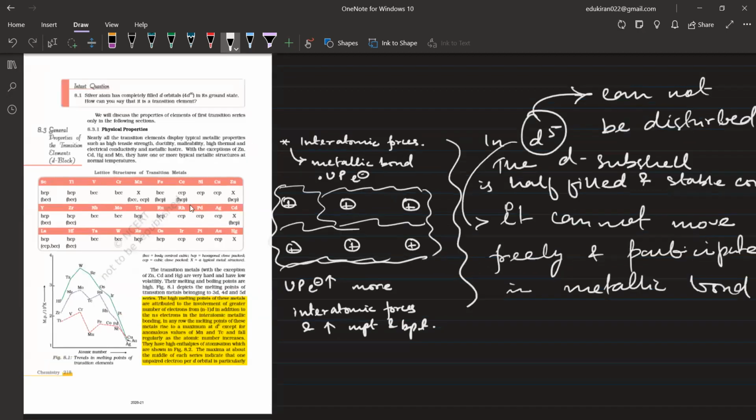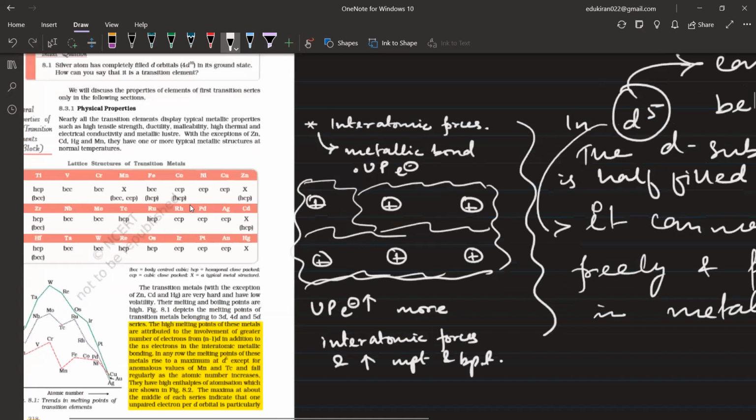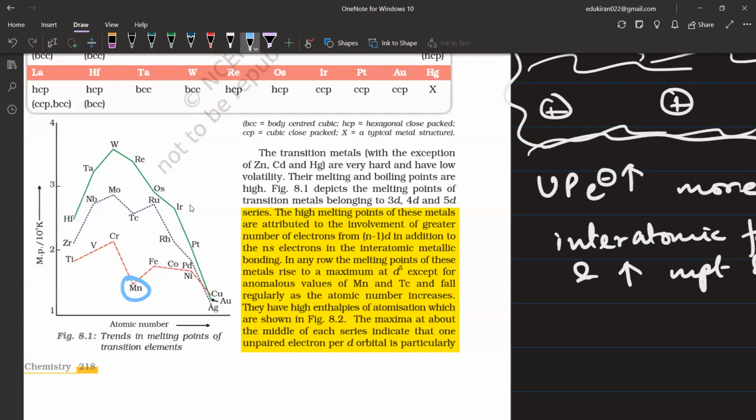You see here, manganese का lower है because it is having d5. Okay, similarly technetium, which is having a lower melting point.